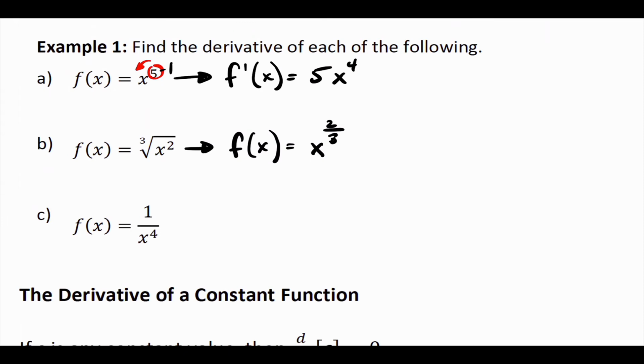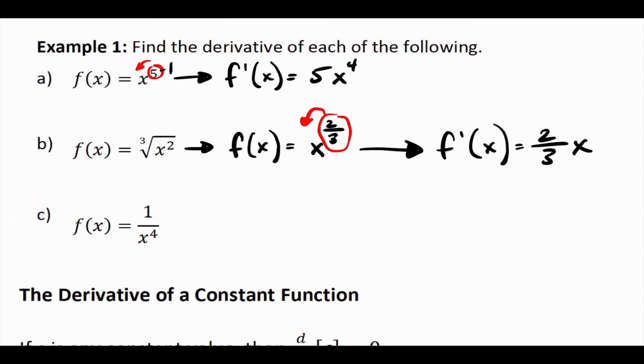So now if we're going to find the derivative of it, 2/3 moves to the front. So I have 2/3 x. And then I have to subtract 1 whole.